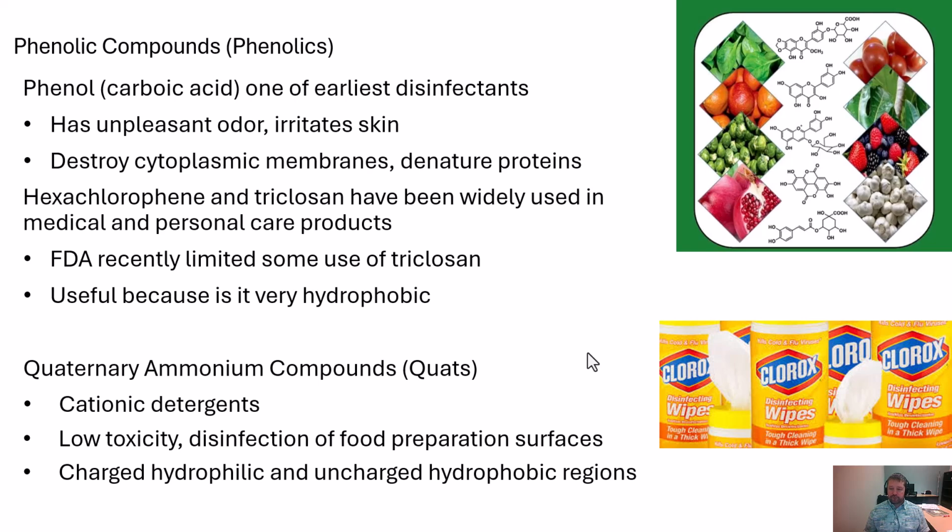Someone who took stock in Clorox wipes probably made a lot of money. But again, very useful. The only problem with them is they rarely work on endospores, and they have limited use when it comes to non-enveloped viruses. But as a detergent or a low toxicity wipe, they're very, very useful.